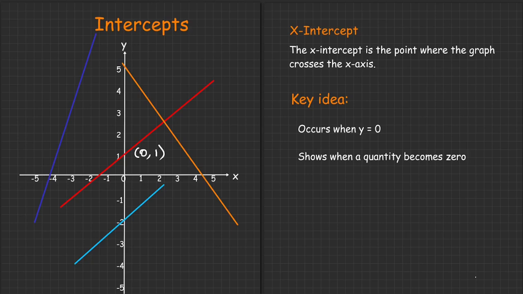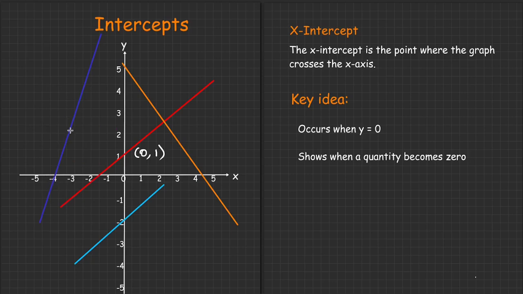Talking of the x-intercept, as you might have guessed, the x-intercept is the point where the graph crosses the x-axis. So if we take these over here, looking at this very blue one, the x-intercept here, we can say, is at -4.